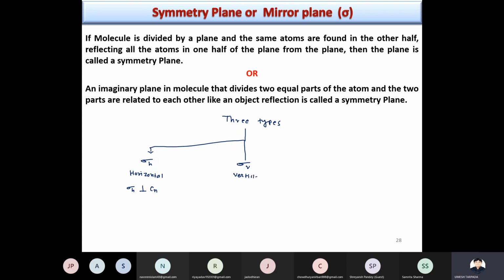And vertical plane, that is the plane which is parallel, or you can say passing through the principal axis. The axis lies in it. And the third one is the plane called bisecting plane, the diagonal plane.